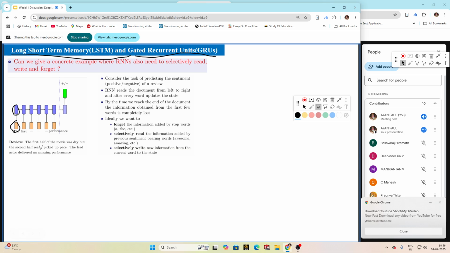For example, take this review: the first half of the movie was dry, but the second half really picked up at pace. In this whole statement, what is important? The first half being dry is important, the second half is important, and picked up with pace is important. Only some of the information is important. If you just read the first word and give the output, that does not make any sense. So that is the problem that we are facing in the traditional RNN.